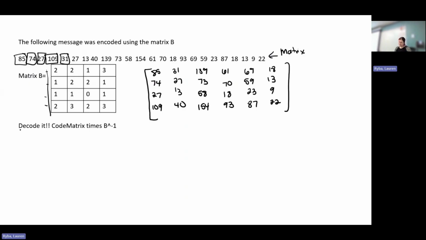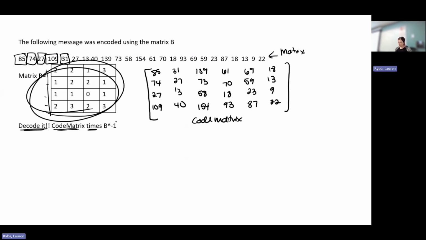So in order to decode it, I have to take my encoded matrix times the inverse of the coded matrix. So it says take the code matrix, that's this guy here, code matrix, times it by the encoder's inverse.